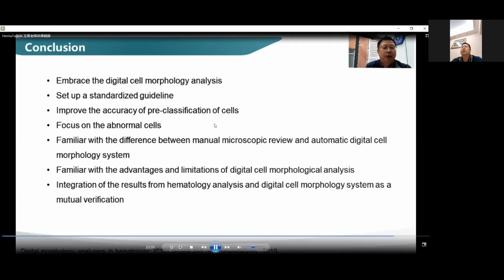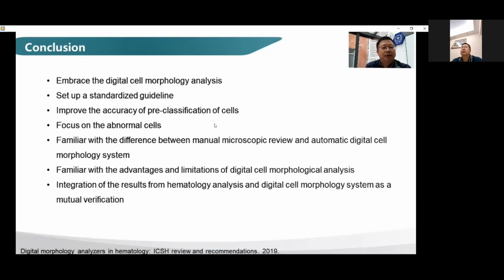Let's set up standardized guidelines. Let's also try to improve the accuracy of the pre-classification of the cells. Let's also focus on the abnormal cells. And we should also familiarize ourselves with the difference between manual microscopic review and the automatic digital cell morphology system.